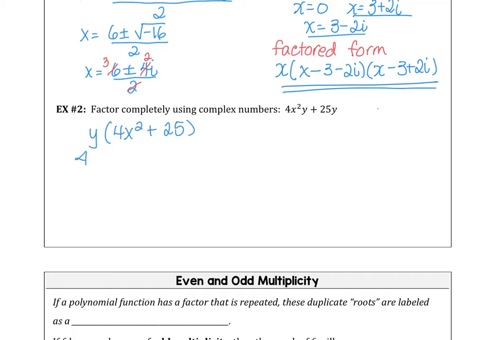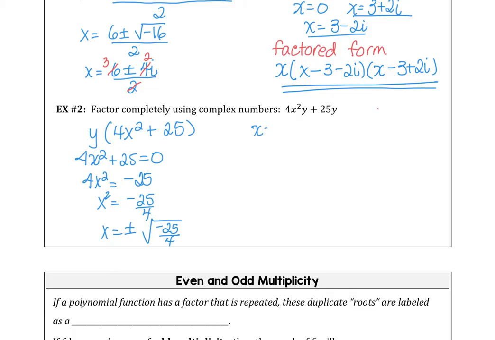Now if we want to factor 4x squared plus 25 across complex numbers, then we want to isolate 4x squared equals -25, divide by 4, and to clear the square root, we want to take both the positive and negative square root of negative 25 over 4, which leaves us plus or minus 5i divided by 2.